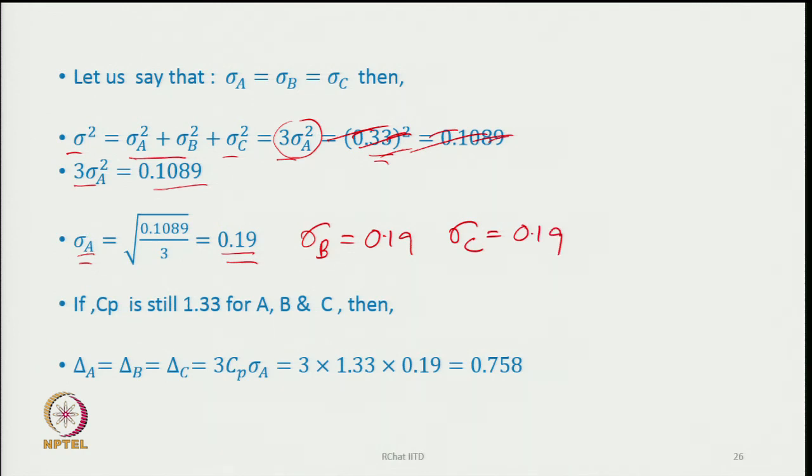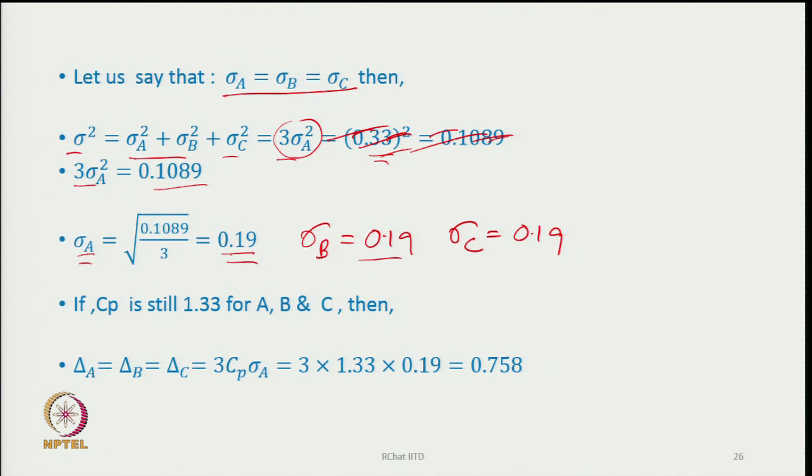So, how do we arrive at it here? Now, we are assuming them to be the same. Sigma square, we have already found out in the previous slide, is 0.1089. So, 0.1089 is equal to 3 sigma A square, and sigma A we find out, and that same thing becomes sigma B, and that becomes sigma C also.